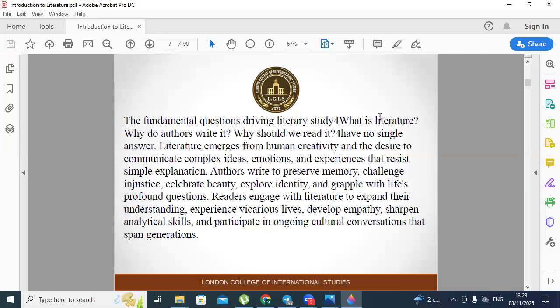We read to sharpen analytical skills, learning to think critically about complex situations, and we read to participate in ongoing cultural conversations spanning generations, joining discussions that began centuries before us and will continue long after we are gone.